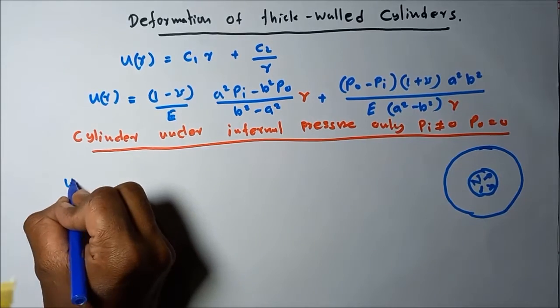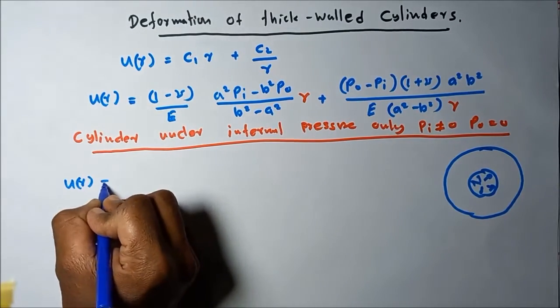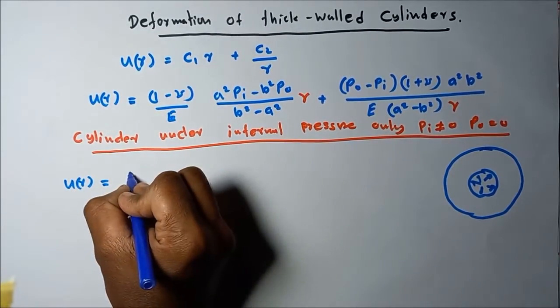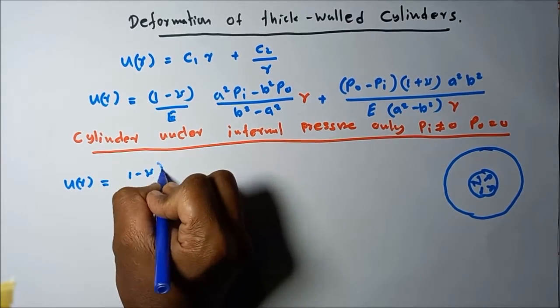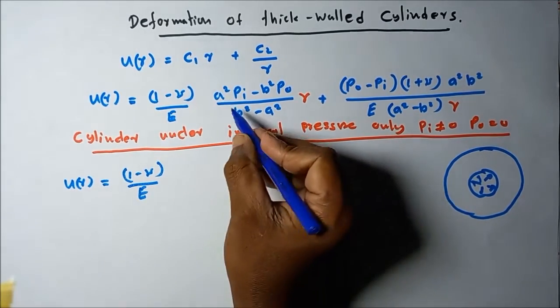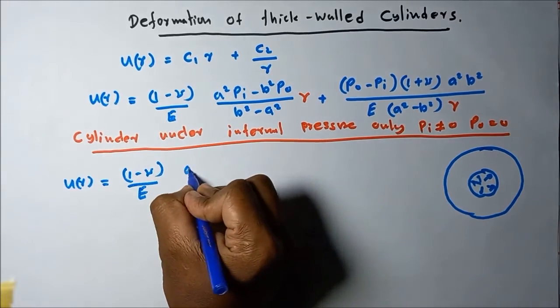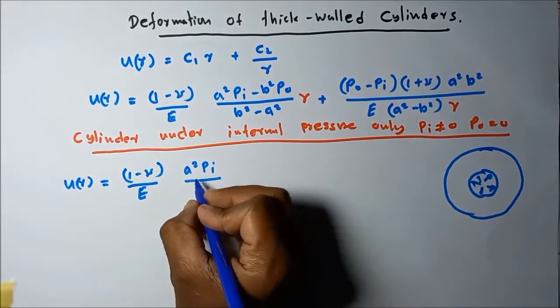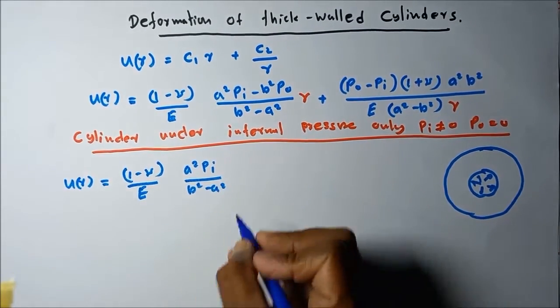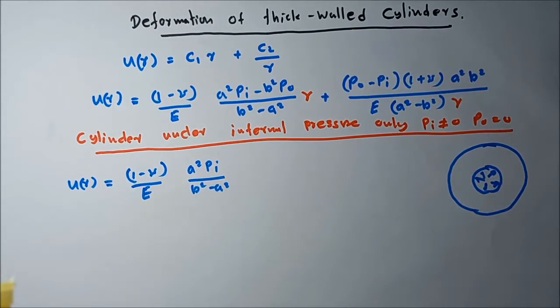Okay. So then the ur equation we can rewrite: ur equals 1 minus nu divided by E, then the Po is equal to 0, a square Pi divided by b square minus a square into r, r is the variable.